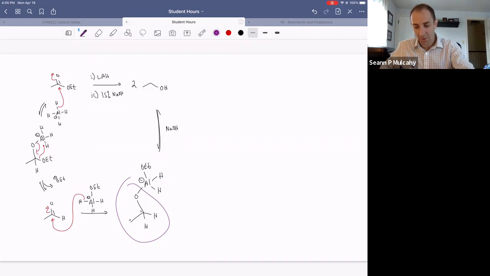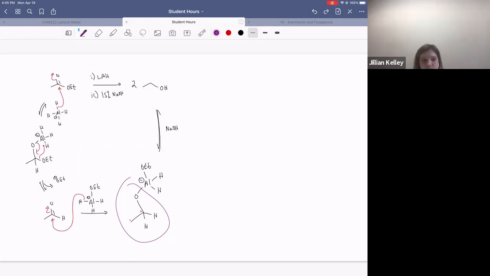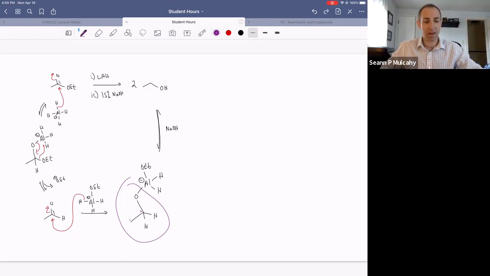And so when you work it up with sodium hydroxide, you're going to create ethanol plus water. Okay. So the first step is nucleophilic acyl substitution. The second step is a nucleophilic addition, just like a reduction step. Both mechanisms involve attack of the pi star CO.